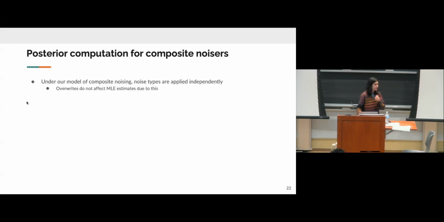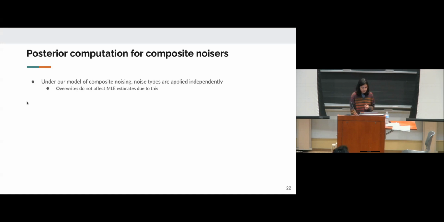Real languages have all kinds of noise together. Right? It's not like they only have morphological noise or only phonological noise. So we need to be able to find posteriors for individual noisers, given that they are composed, I guess, in the new language.